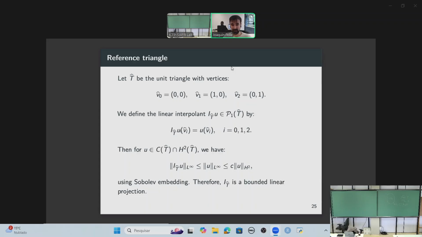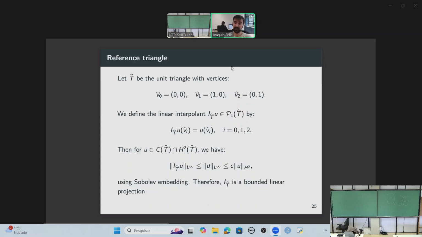And one thing that we have to see, if we want to use this for the corollary of the Bramble-Hilbert lemma, is that this operator is bounded. This is relatively easy to see. If we take the norm of the linear interpolant applied to a certain function u, we see that this cannot be any larger than the norm of u itself.